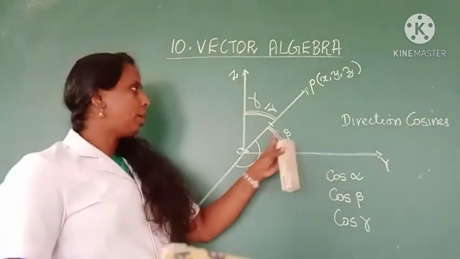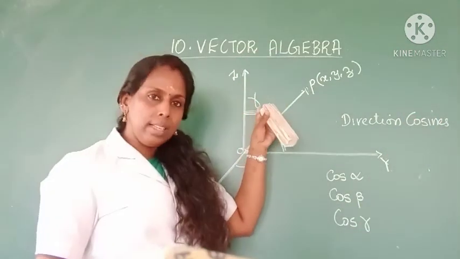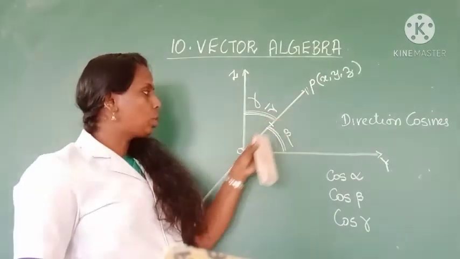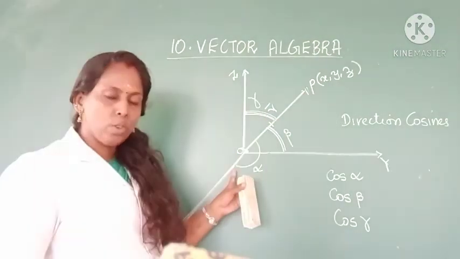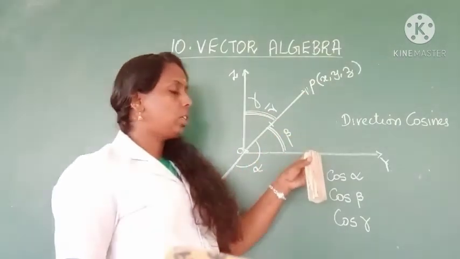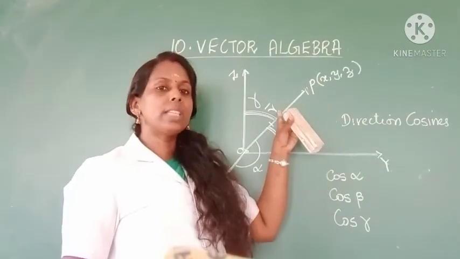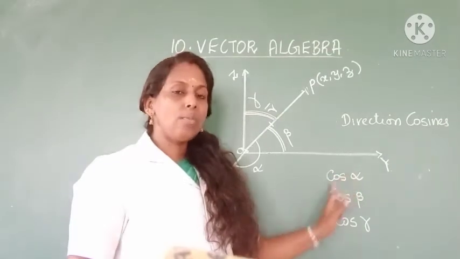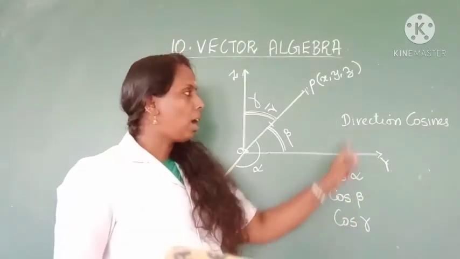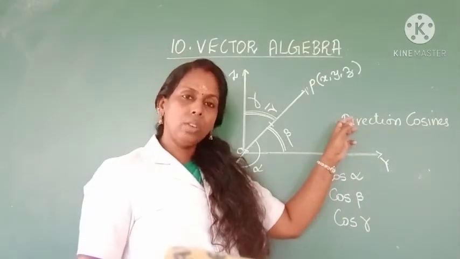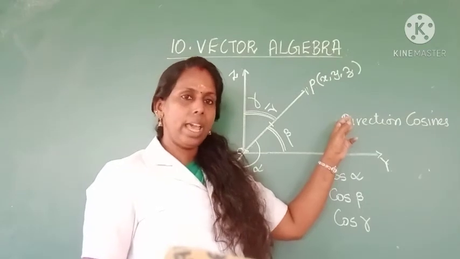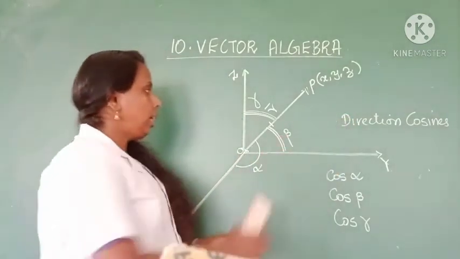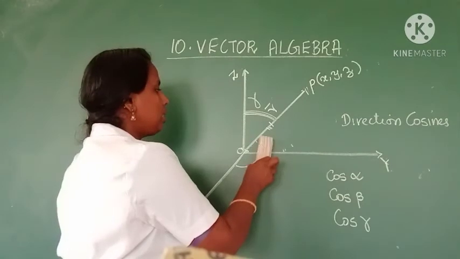Alpha, beta, gamma are the angles made by this position vector with the positive x-axis, positive y-axis and positive z-axis. Their cosines, cos alpha, cos beta, cos gamma, are called direction cosines. Is that clear? Direction cosines.